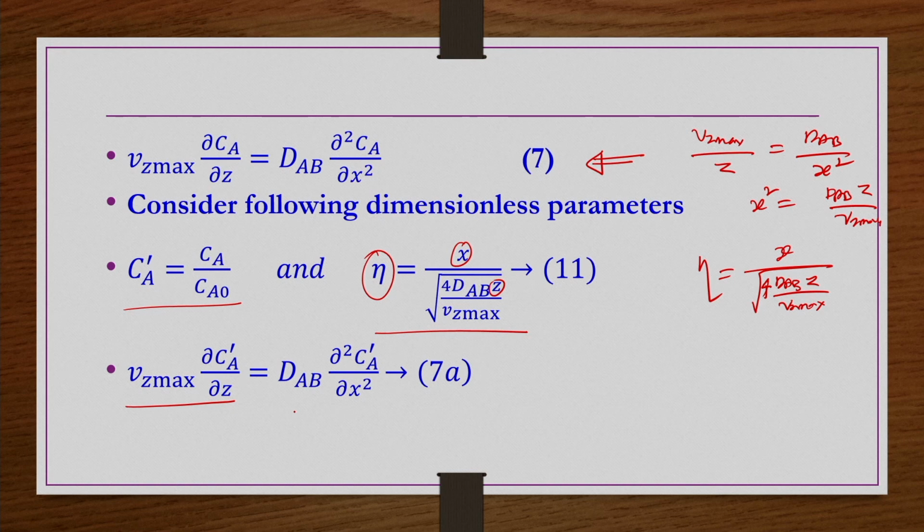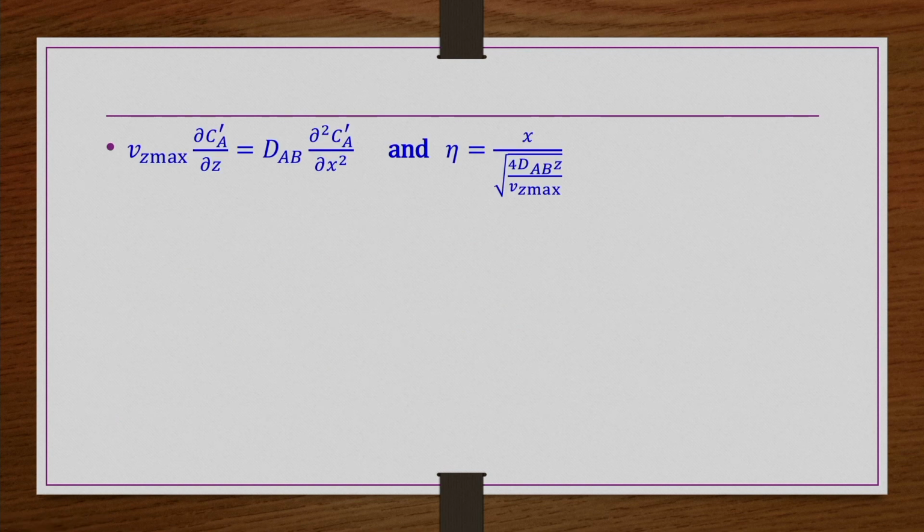The Ca naught cancels out, and this is what we have. Now this equation is a function of both z and x. We convert it into a function of one combined variable eta using the definition of the dimensionless parameter. So how do we do that?